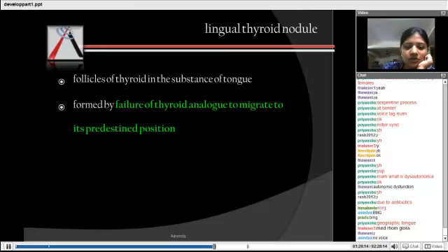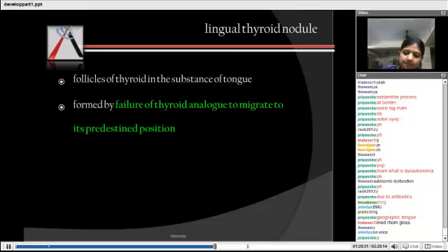Lingual thyroid nodule, again you must be familiar with how the thyroid gland is formed, right? And you know that when the thyroid gland is formed, in order to actually occupy its original position, it has to descend down. There has to be some amount of descent.